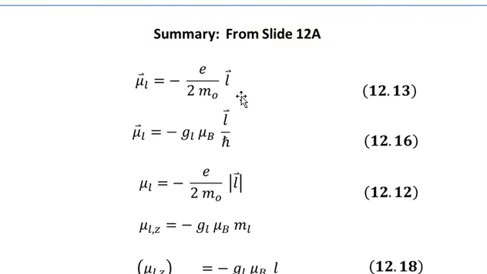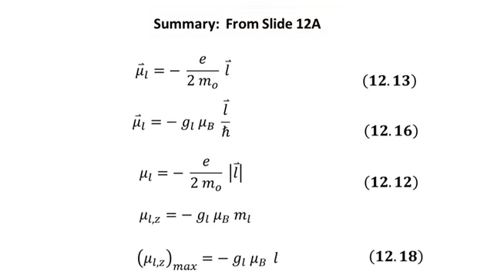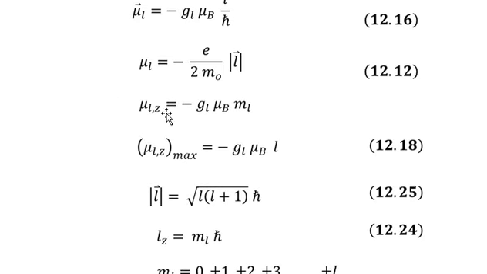In equation number 13 and 16, on the right hand side, the vector L represents the orbital angular momentum of the electron. Now this is the Z component. When you apply the magnetic field, then the Z component of mu L, that is the Z component of the orbital magnetic moment of the electron, is given by minus gL mu B into mL, where mL is the orbital magnetic quantum number.